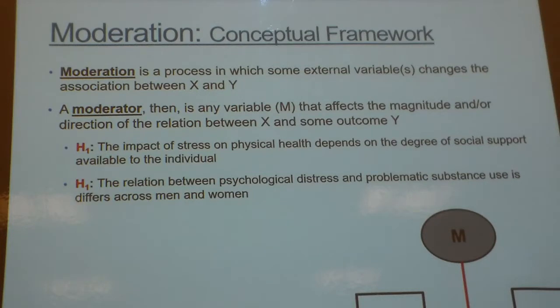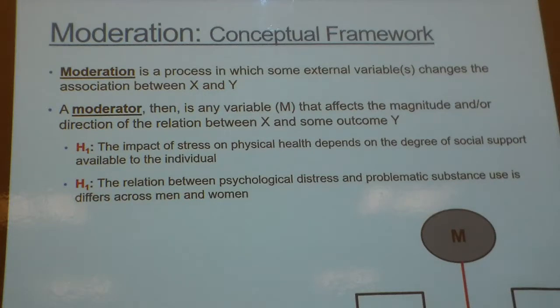Then, as psychological stress increases, okay, I'm getting confused. So what differences would we see in the association of psychological distress and substance use across men and women? And what do you mean by different levels? Like higher levels of distress and substance use.